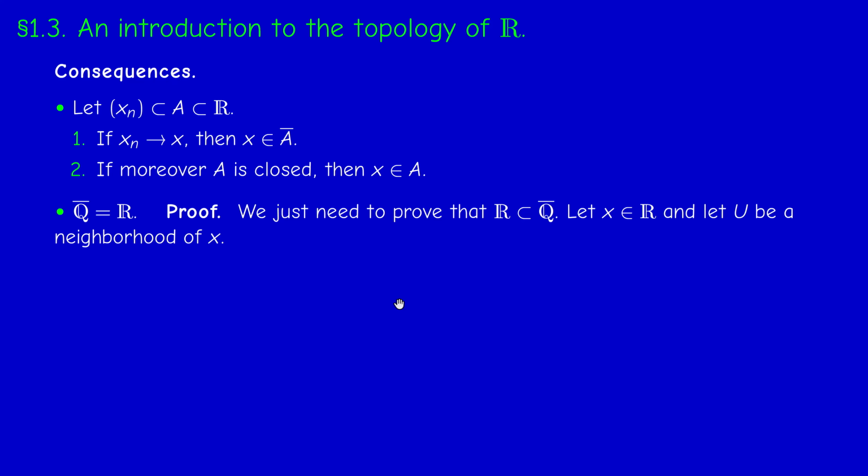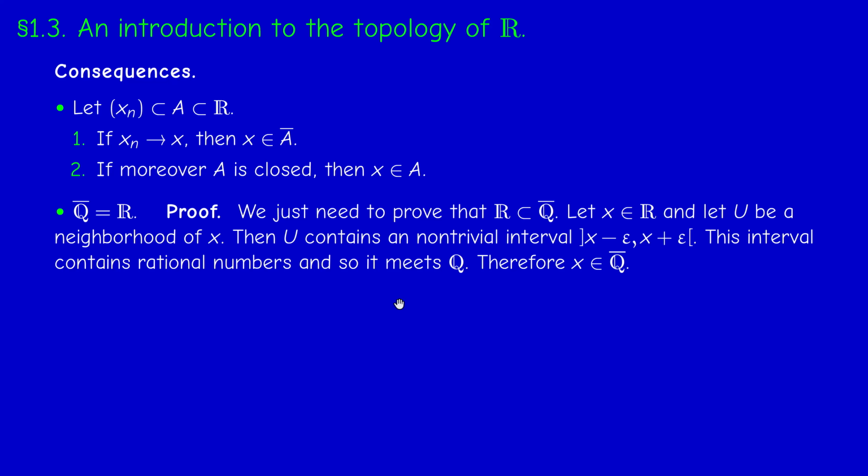So let U be a neighborhood of X. We have to prove that U meets Q. Since U is a neighborhood of X, it contains an open set containing X. And since X is in that open set, by definition of an open set, there is a whole interval around X of the form X minus epsilon, X plus epsilon, contained in that open set, and therefore contained in U. This interval contains rational numbers, because this is a fundamental property of R: any non-trivial interval contains rational points and also irrational points.